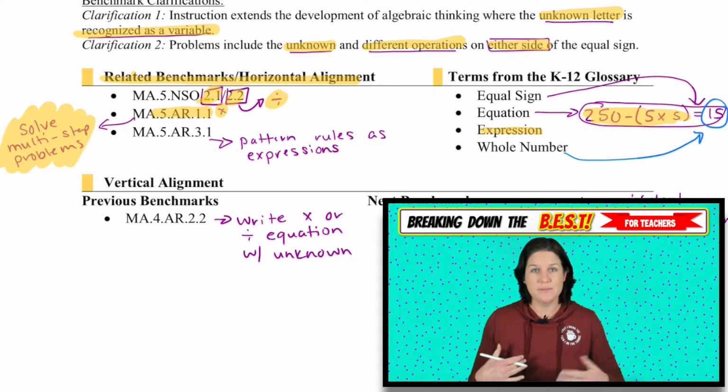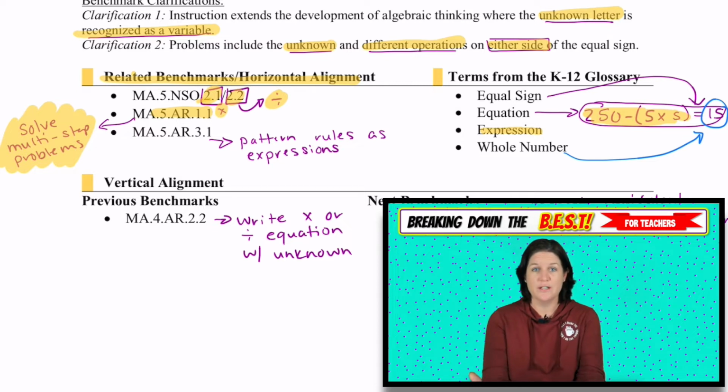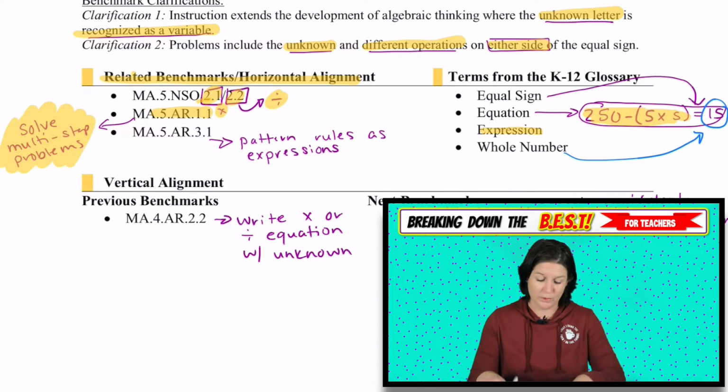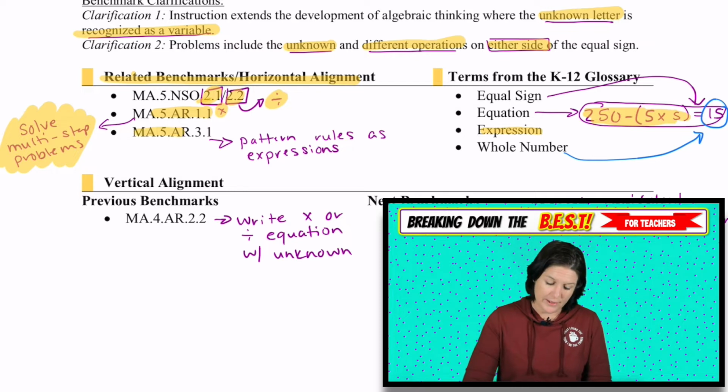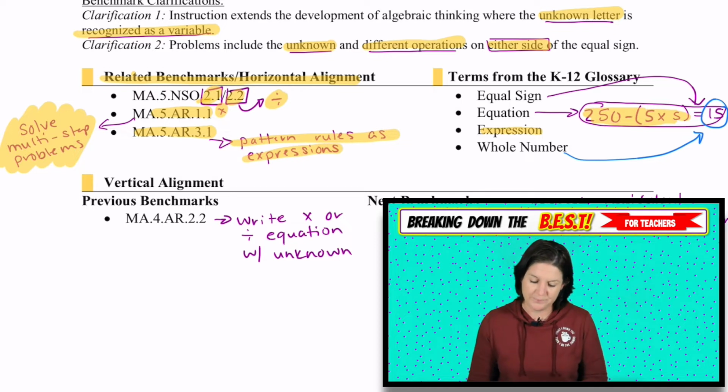We're kind of doing the opposite, where students are given the equation and have to generate the word problem for that. And in 5th grade, also 3.1, the AR strand has patterns as rules. So creating a rule as an expression when given a pattern.